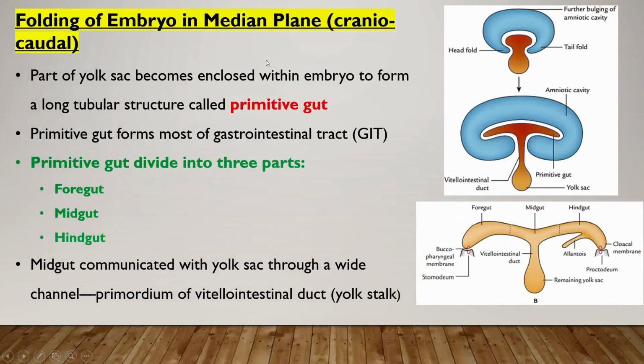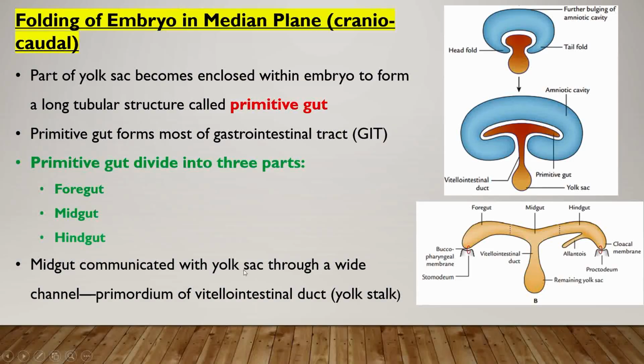With the folding of the embryo in the median plane, part of the yolk sac becomes enclosed within the embryo to form a long tubular structure called the primitive gut. You can see here this is the primitive gut. The primitive gut forms most of the GIT, the gastrointestinal tract. The primitive gut can be divided into foregut, midgut and hindgut.